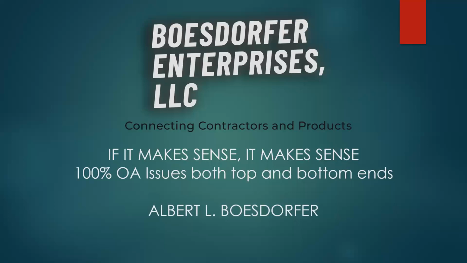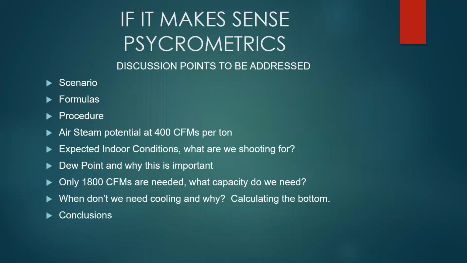So this is a 100% outside air unit, and we got issues both on the top end and the bottom end. What we're starting out with is the scenario, the formulas, procedure, airstream potential. In other words, what's in that airstream if we happen to operate it at 400 CFMs per ton? Expected indoor conditions. What are you looking for?